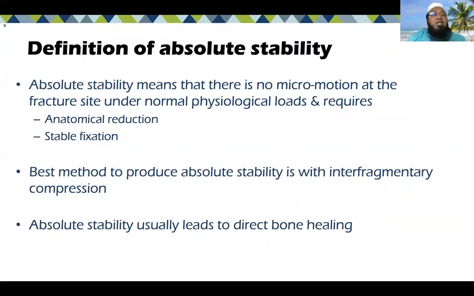Now we can define absolute stability as meaning there is no micromotion at the fracture site under normal physiological load. This requires anatomical reduction and stable fixation.